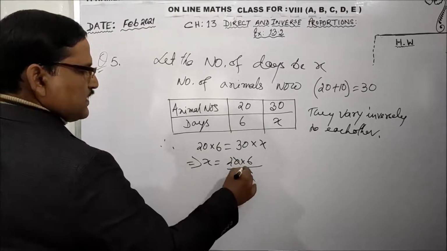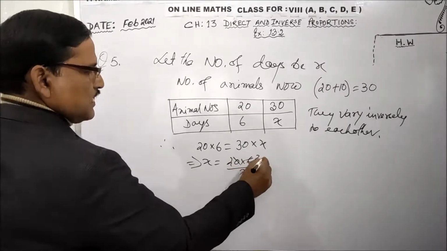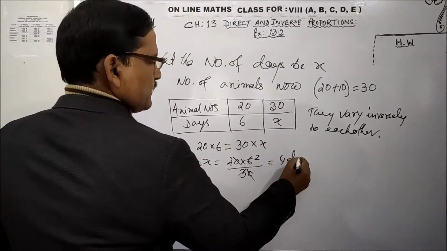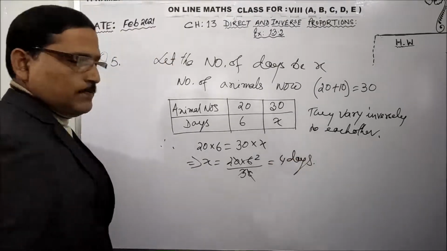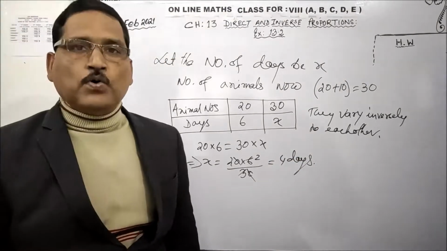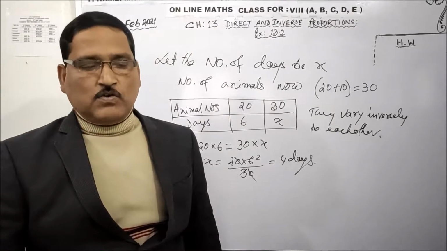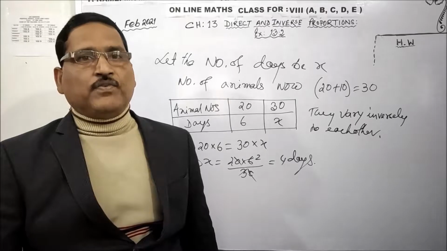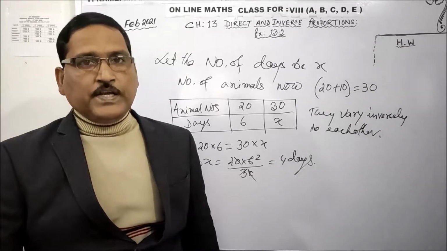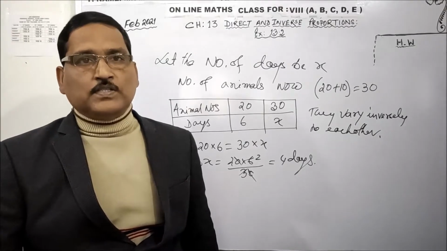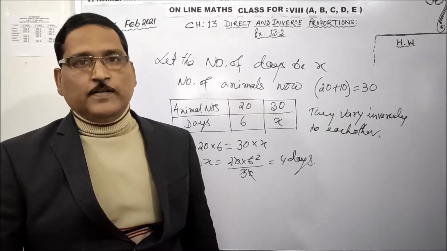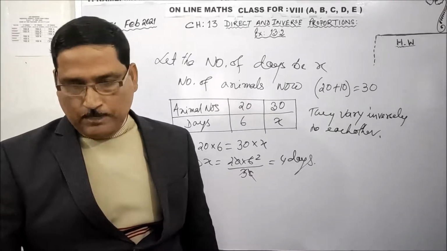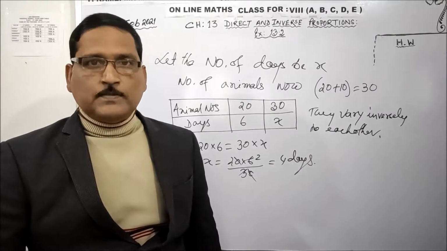The zeros cancel, and 2 threes are 6, so 4 days. So this will last for 4 days. Have you understood? What about the food stored in this room? If we allow it to feed 30 animals, it will last for 4 days, not 6 days. Clear? Have you understood?